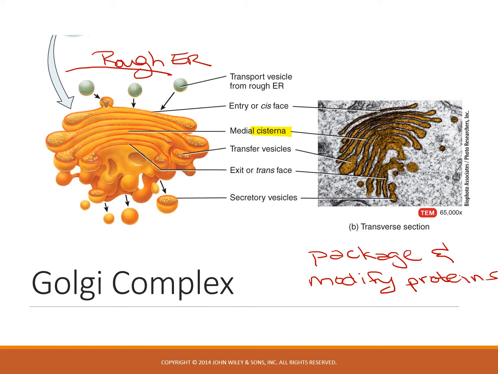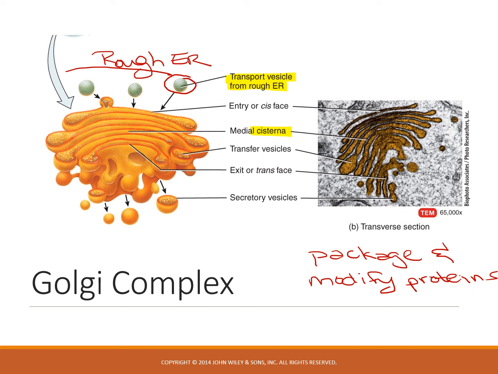You can see these transport vesicles coming from the rough ER, and they have proteins synthesized on the ribosomes of the rough ER inside them, and they come to the Golgi complex to be packaged and modified.